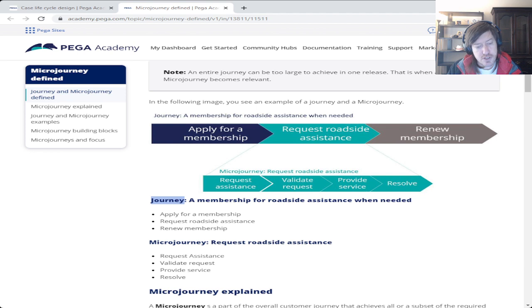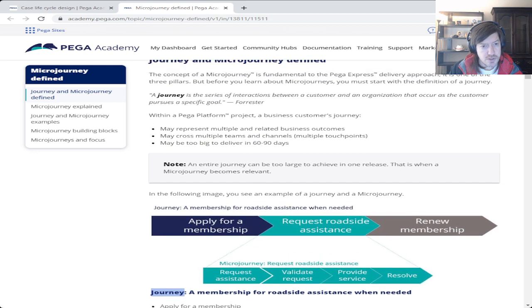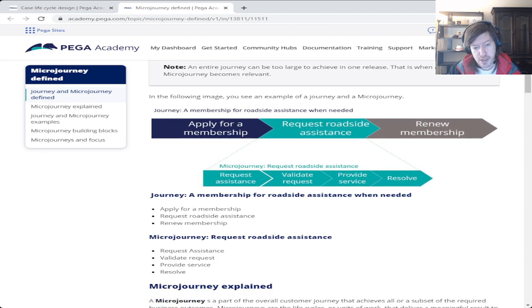There's no difference between these two. Because here's the thing, okay? An entire journey can be, or let's see, what's there? A series of interactions between a customer and an organization that occur as the customer pursues a specific goal. A specific goal, okay?